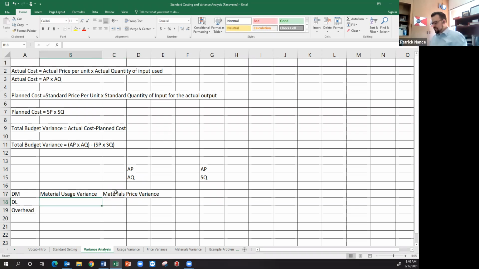And for direct labor, we'll have a labor rate variance, which is similar to a price variance because my labor rate would be the hourly wages that I pay, and then a labor efficiency variance, which will be, did I only use the number of hours that I anticipated using based on the standards that I set in the first place.